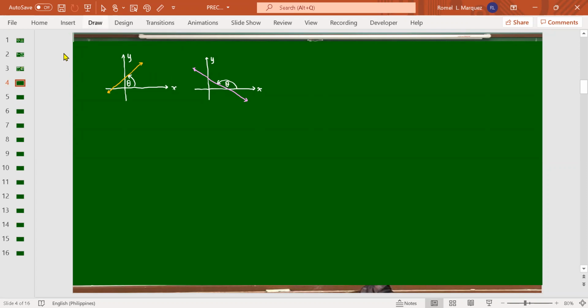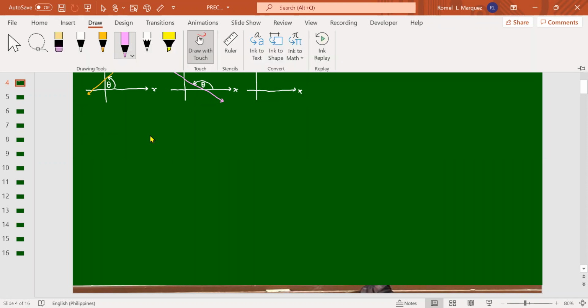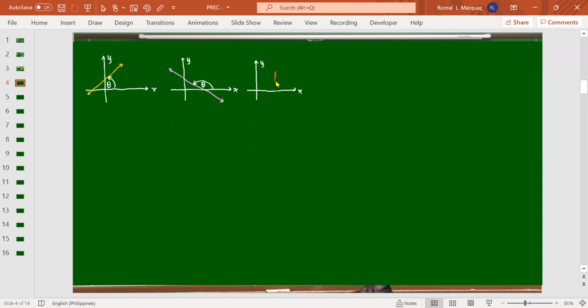It is also possible that our line is vertical. If the line is vertical, then our angle of inclination is, guys, 90 degrees, no? Okay? Let's say we have a vertical line.